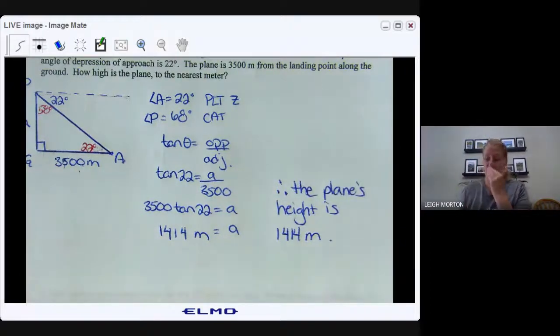Therefore, the plane's height is 1,414 meters. So that's 68.